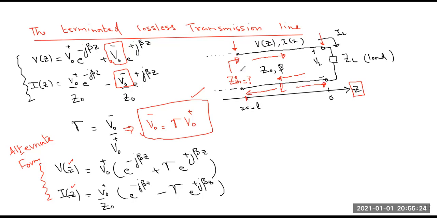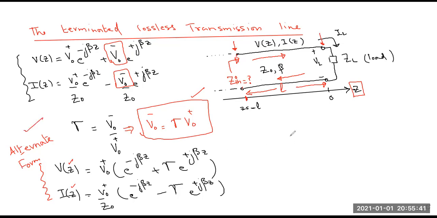So how much will be the impedance at this point? We will find out how much is the voltage between these two points and then divide it by how much is the current at that point. So I'm going to use the alternate forms.